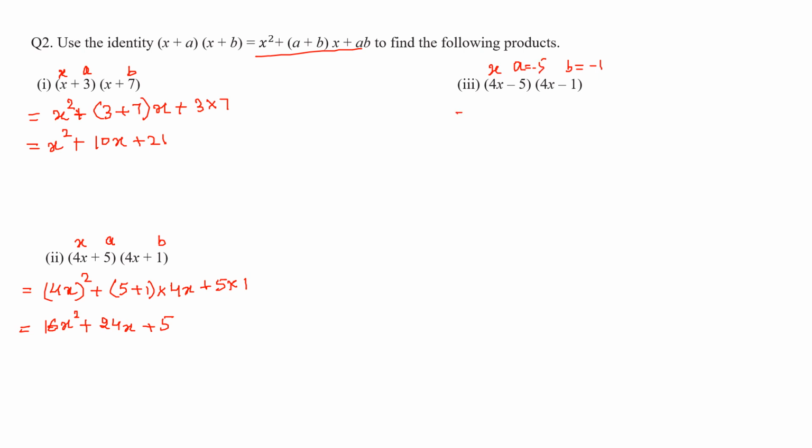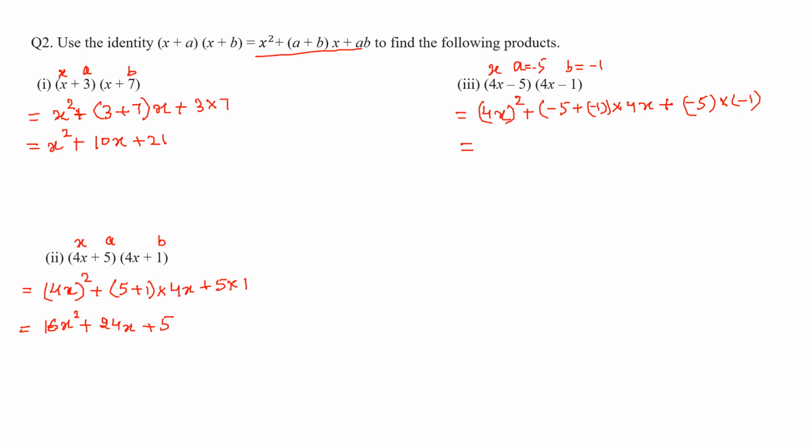Now use the identity x², which is (4x)², plus (a + b), which means minus 5 plus minus 1, times x, which is 4x, plus a into b, which means minus 5 into minus 1. You have to do it slowly because you may make a mistake.